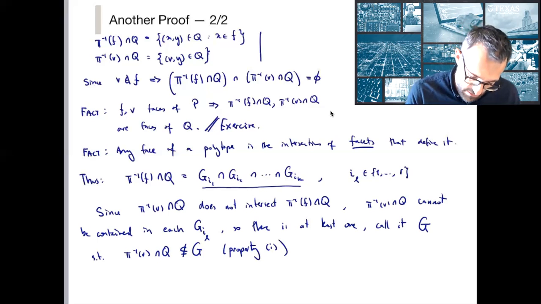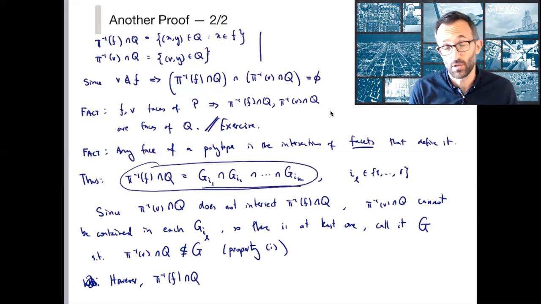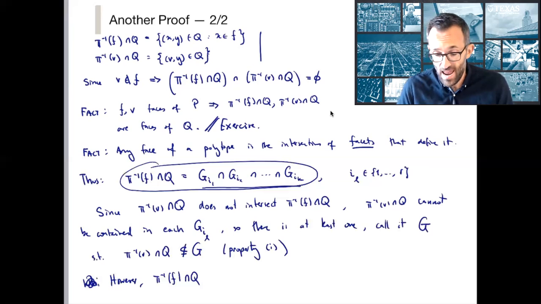Meanwhile, π inverse of f in Q, well, we said that this is equal to this intersection, so it is certainly contained in every single one of them.